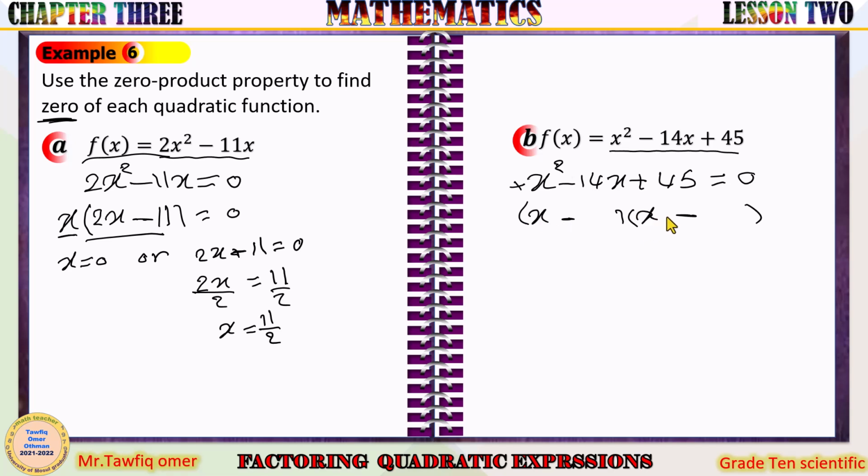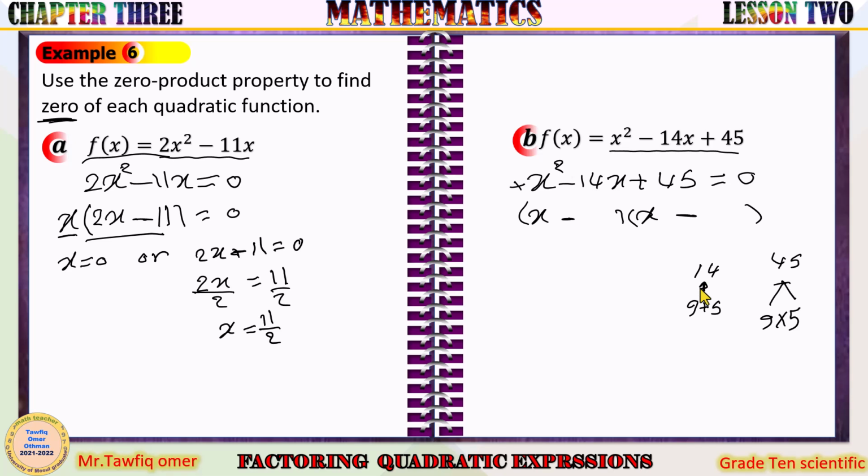So we must search for two numbers whose product must be 45 and whose sum must be 40. These two numbers are 9 and 5. 9 times 5 is 45 and 9 plus 5 is 40.